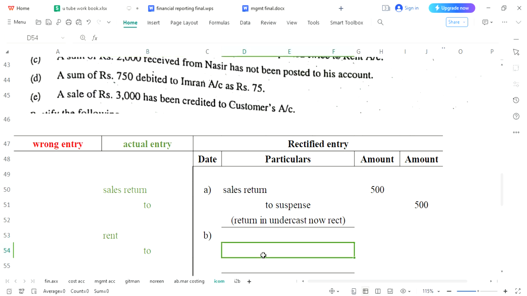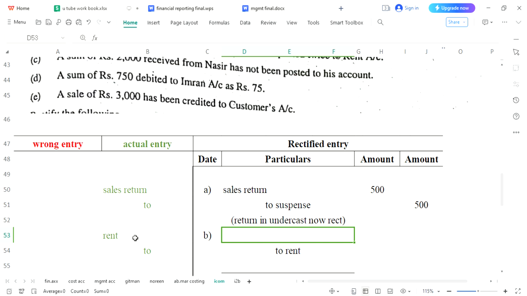So rent would be written over here as it was overcast. Please understand, rent was written 2 times on debit side. One time was extra. We cannot delete it, erase it, remove it, or use whitener. Instead of that, one time rent is written on the opposite side to cancel the effect.